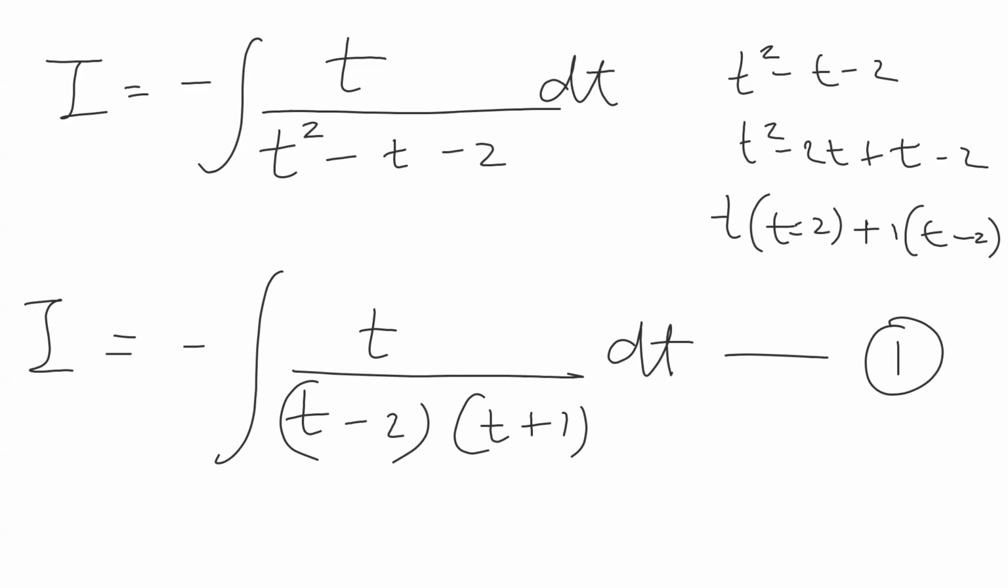The degree of the numerator is 1 and the degree of the denominator is 2. We can apply partial fractions if and only if the degree of the numerator is less than the degree of the denominator. Then only we can apply partial fractions, otherwise we cannot.